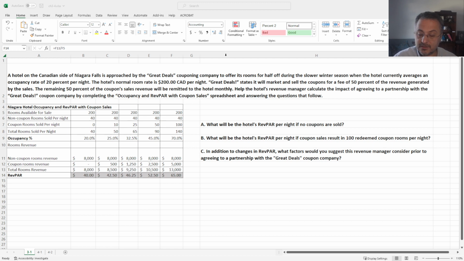However, one thing we have to consider is any impact the sale of this coupon will have on customers that already paid full price for their rooms. If you're a customer staying at the hotel and you see that coupon, how are you going to react? Not only today, but in the future as well. So those are the things you have to be careful with. Thank you for watching.